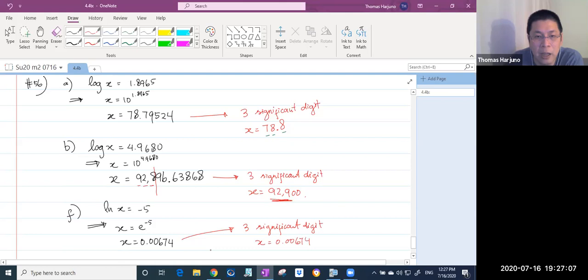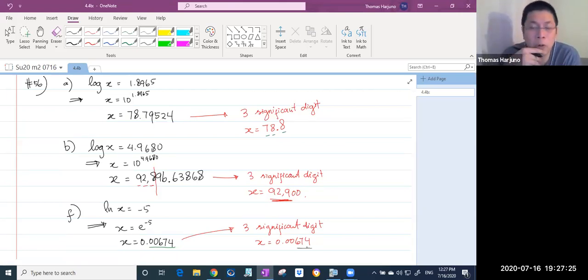But my reasoning is I have 5 decimal places, and the answer for that is because of 3 significant digits. They happen to look the same. Now that's for this section here.